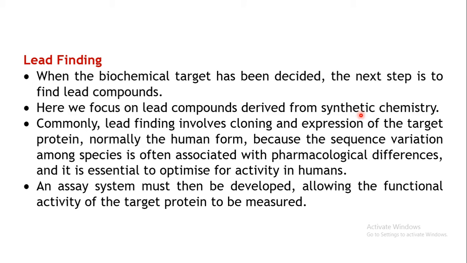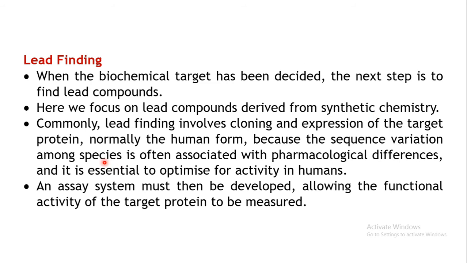You can plan your synthesis in such a way as to develop compounds which can interact with the target you have identified. The target molecule in your body having been identified, you can synthesize certain compounds with the help of synthetic chemistry which can selectively bind to and act on those targets.